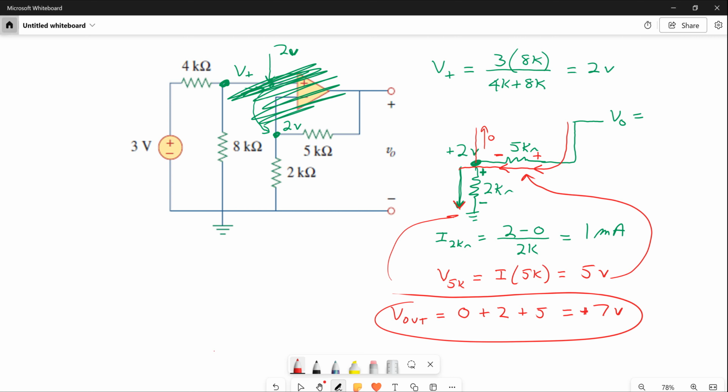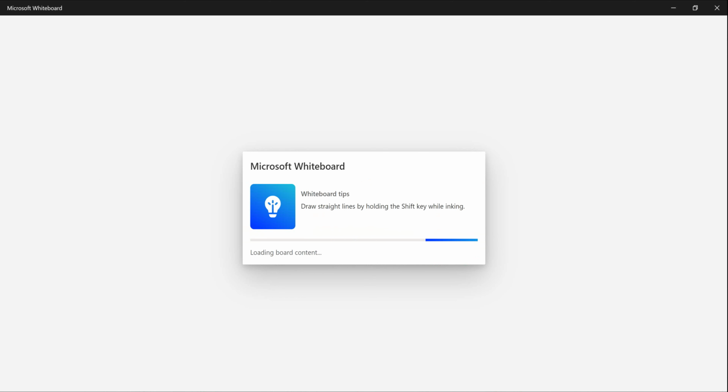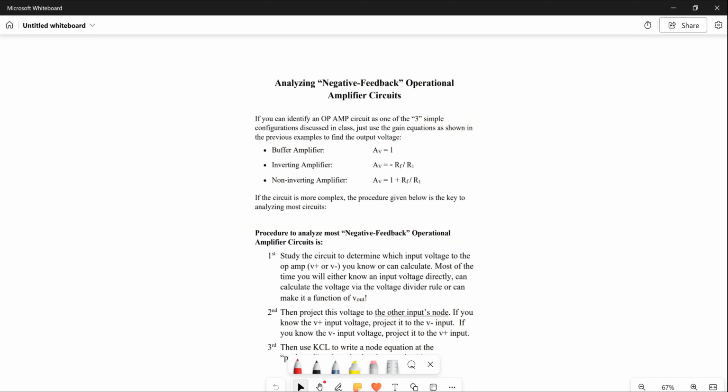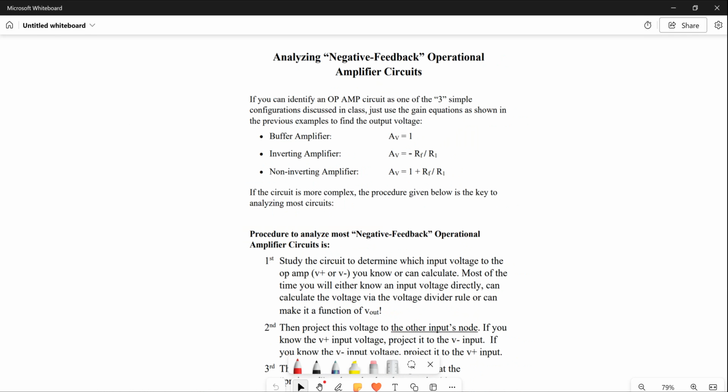In passing, all I want to say is this. I give this to my students and I say that for analyzing negative feedback operational amplifier circuits, if you can identify an op amp circuit as one of the 3 simple configurations discussed in class, and I'm sure you have, just use the gain equations as shown in the previous examples.